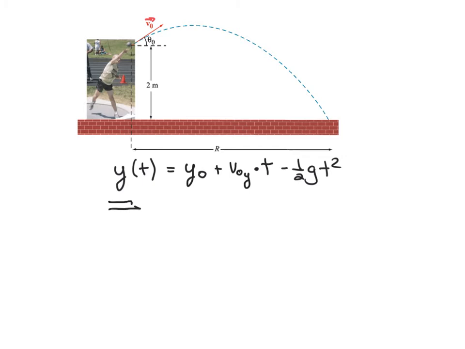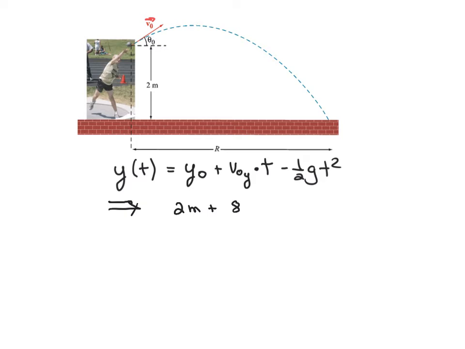So what that means is, and I'm going to plug in the numerical values for y naught and v naught sub y, that 2 meters plus the initial y component of the velocity, remember, it was going at a speed of 16 meters per second and an angle of 30 degrees. So the sine of 30 degrees is 1/2.